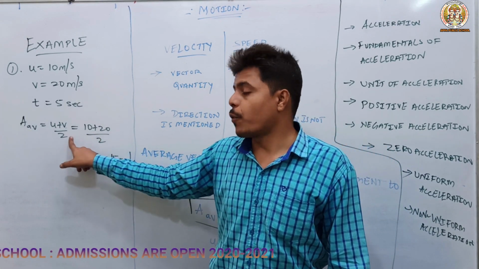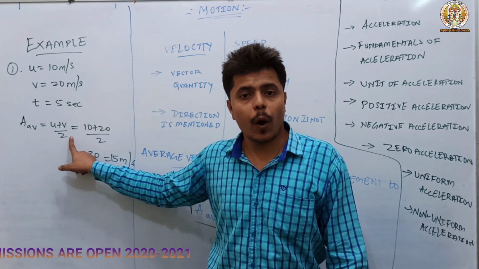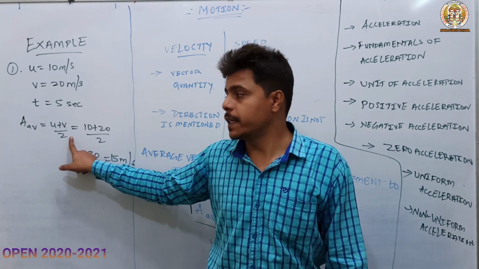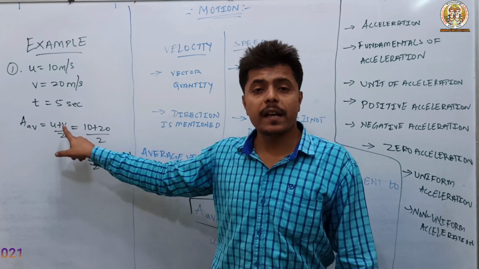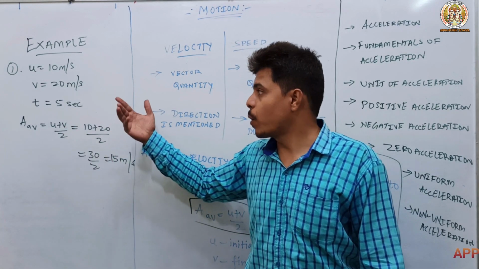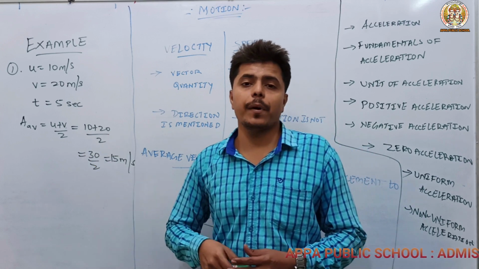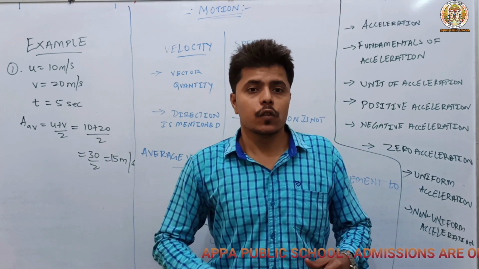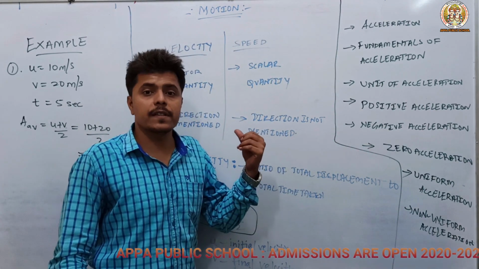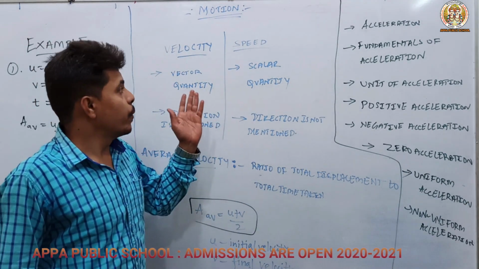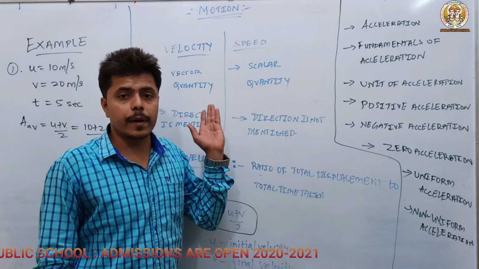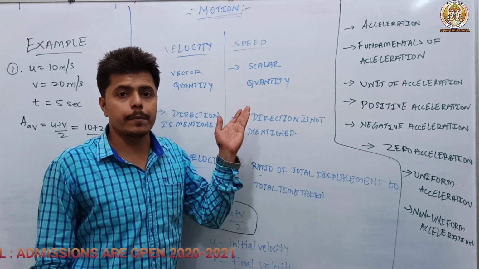So the formula to solve problems based on average velocity is (u plus v) by 2. Okay, so we got the answer for this question. This was one example to solve average velocity. Before that we came across the difference between speed and velocity: velocity means displacement by time taken, speed means distance by time taken.